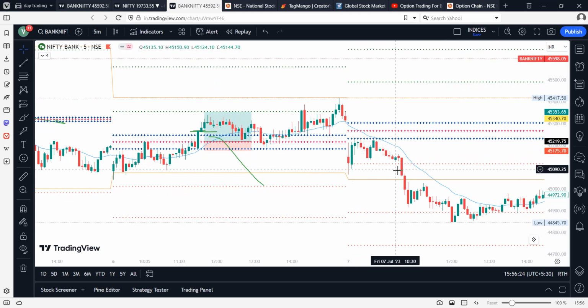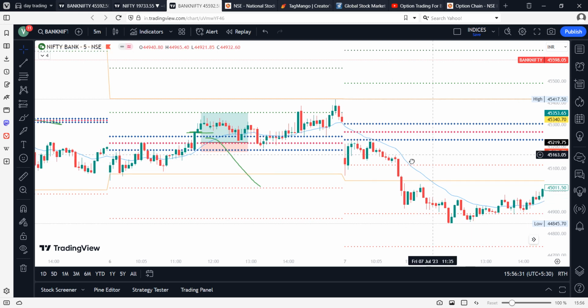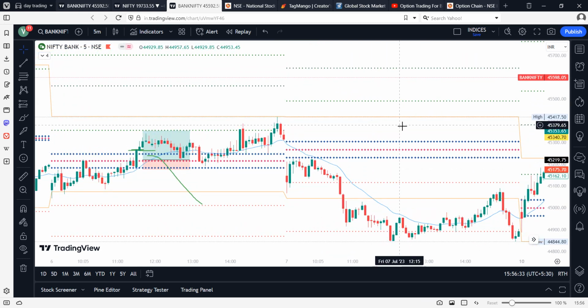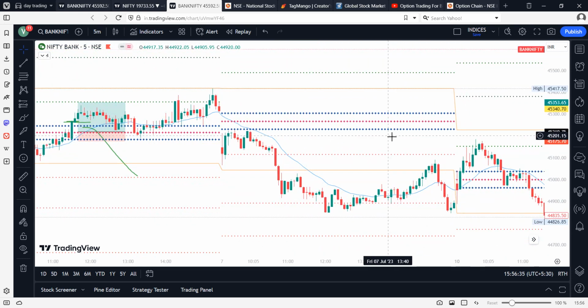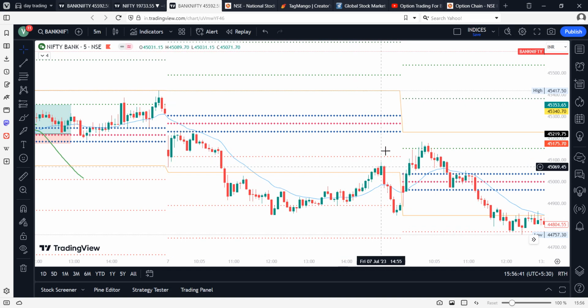That means there is some news or sentiment in the market that the price could not move above the CPR and it closed below the S1. That means what happened here? The trend has changed here, from uptrend to downtrend.